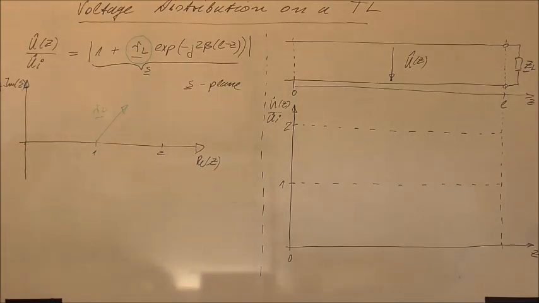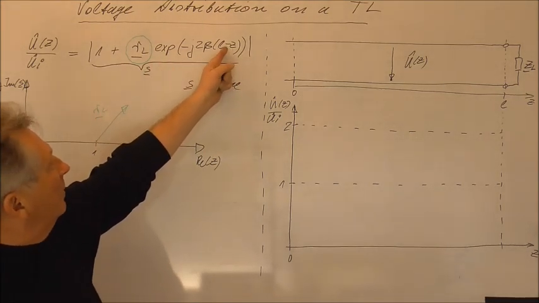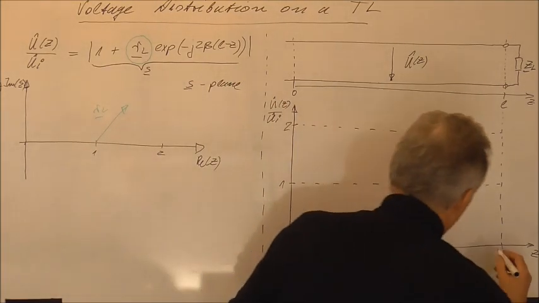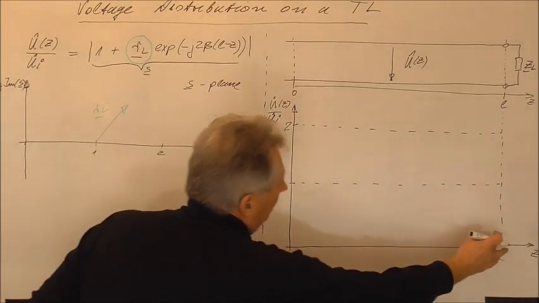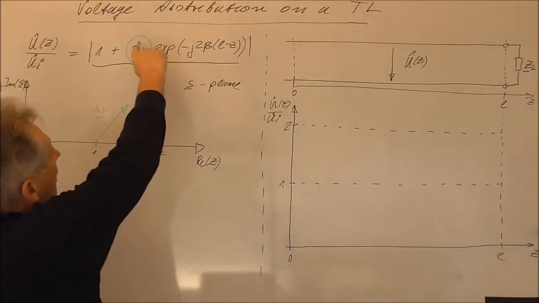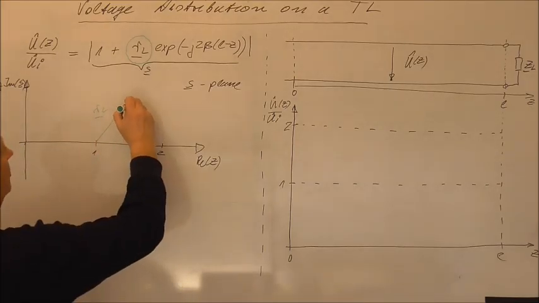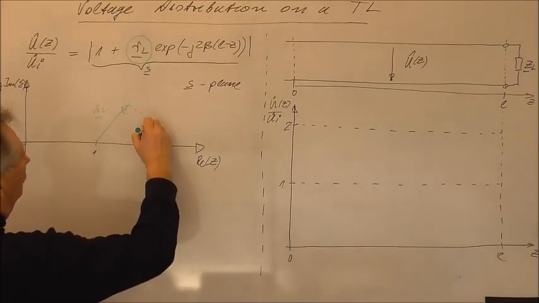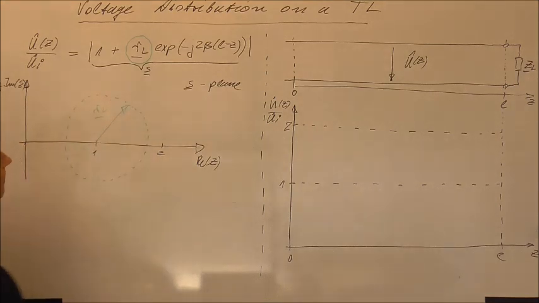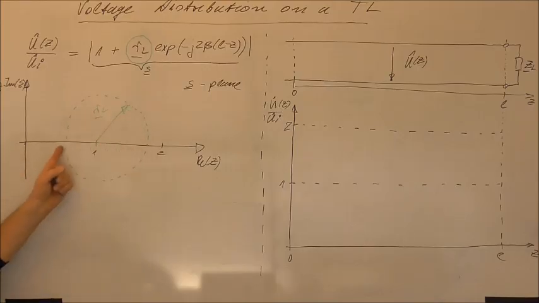The second term, as soon as z becomes smaller than L, means in this region here we have the length L, and we will have a rotation in clockwise direction, so that for an arbitrary load impedance, this RL will be rotated on a circle around the 1. So we will always get a high value and of course a low value.